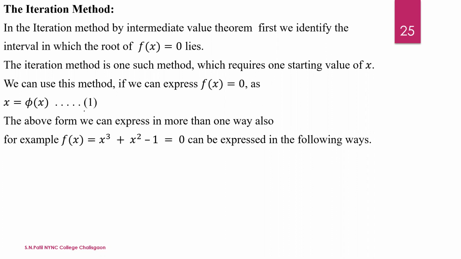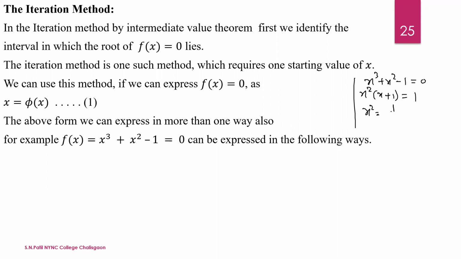For example, the equation x cubed plus x square minus 1 is equal to 0 can be expressed in the following ways. Take x square common, x is remaining, and put this minus 1 on the right hand side, it becomes plus 1.